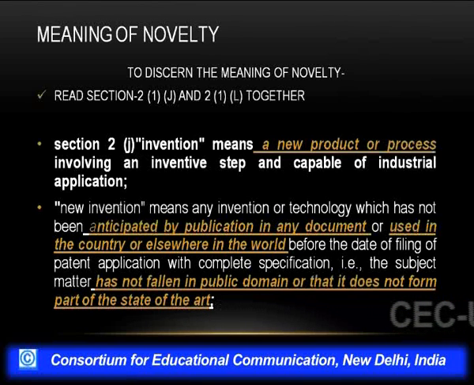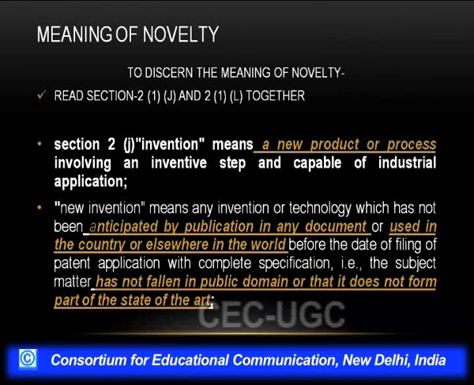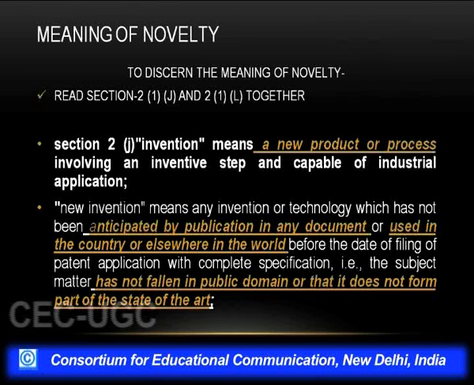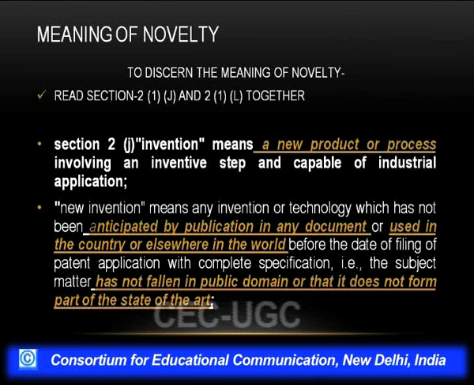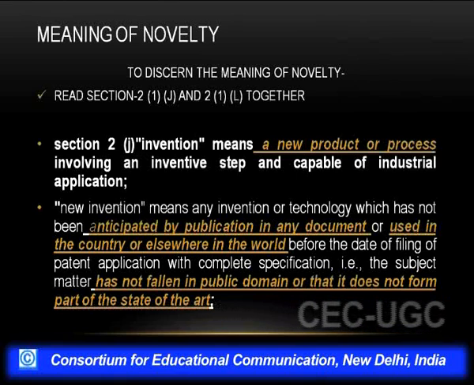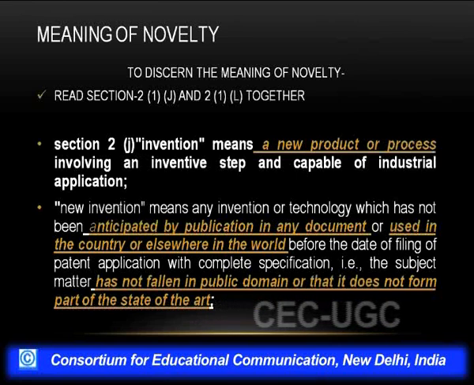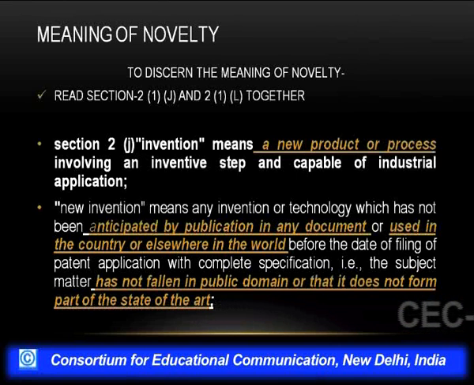And as you all know, without proving the work novel, a patent cannot be granted. Here the new invention means any invention or technology which has not been anticipated by a publication. If you see, this definition in its purview postulates 3-4 elements. I do not say that these are positive postulates to be fulfilled.